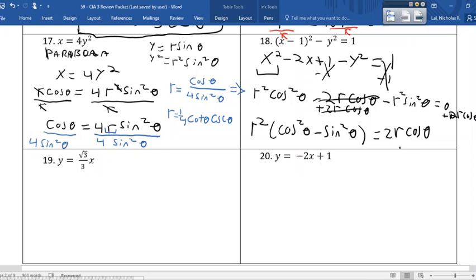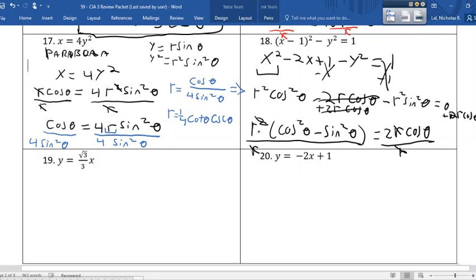And at this point, all we can do is divide each side by r, and the r's cancel out, and then we just have to divide each side by cosine squared of theta minus sine squared of theta to isolate r.